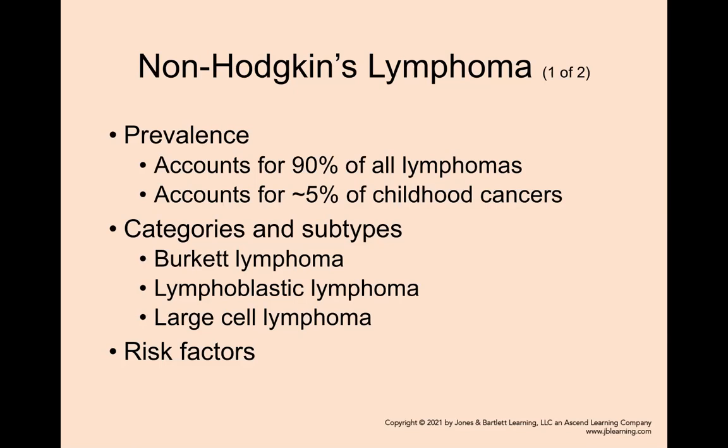There are a few subtypes. There's Burkitt lymphoma, lymphoblastic lymphoma, and large cell lymphoma. And there is a very nice table on page 91, table 3.2, that you can look at to review all those a little bit more and their differences. It's easier to look at them than me just reading you the table.